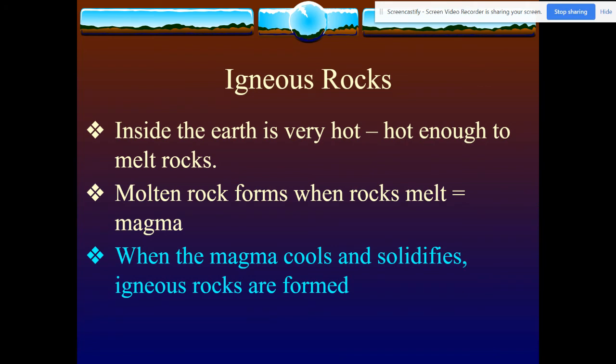The igneous rocks: as we know, of course, the inside of the earth is very hot. So hot that it can actually melt rocks. Those molten rocks are called magma. And when magma cools and solidifies, igneous rocks are formed. So igneous rocks really just refers to cooled magma that has solidified.